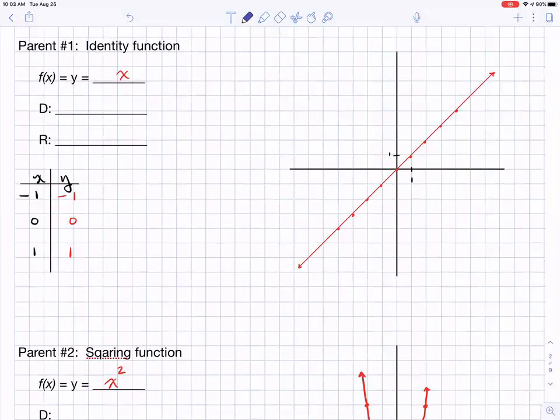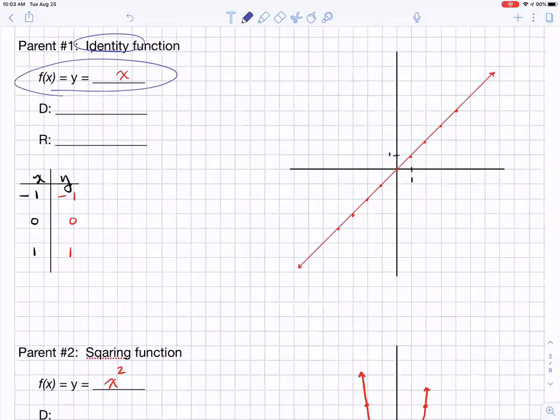Okay. By the way, the 3 things you have to memorize. The name is identity. The graph is the picture. And the equation is y equals x or f of x equals x. Those are the 3 things you have to memorize for every single one. You don't have to memorize domain and range. If you have a picture, you automatically know what domain and range is. Okay, so you don't have to memorize those.